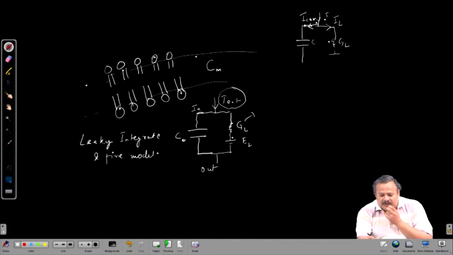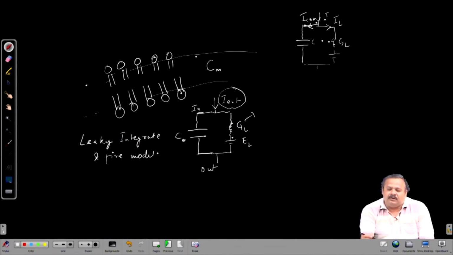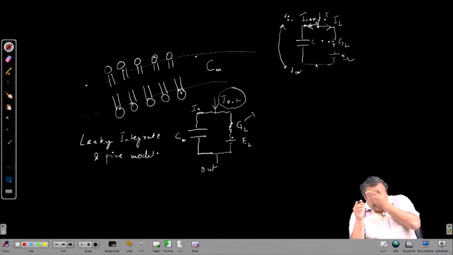The first thing to understand here is what the resting membrane potential of this neuron is. If this is V in and this is V out at these two nodes, then this difference is our membrane potential Vm, delta V. Rest means, as we have discussed previously, there is no net current flow across the membrane.